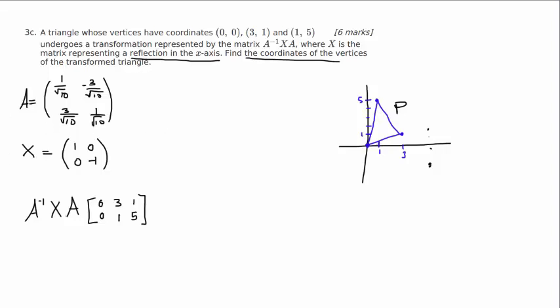So somewhere out here is going to be a new triangle, the image of P, that when I multiply P with the inverse of A, the reflection matrix X, and then A itself, I get P's image.